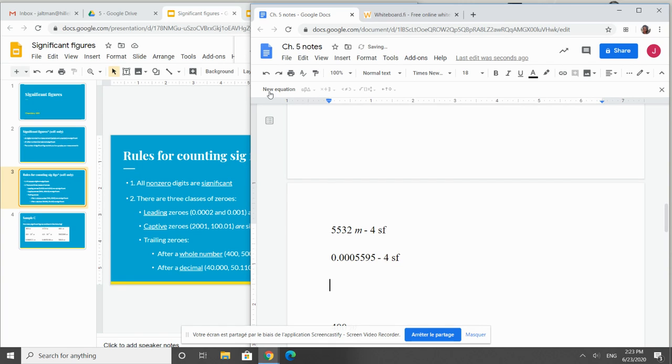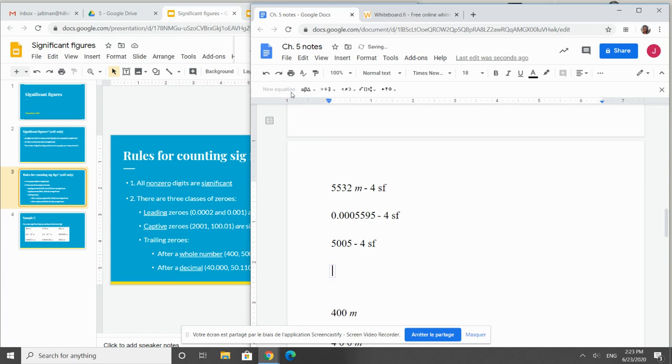The second type of 0 is a captive 0. So let's say I've got 5,005. Because those zeros are sandwiched between significant figures, they are also significant. And so this has 4 significant figures. Then there are 2 types of trailing zeros.